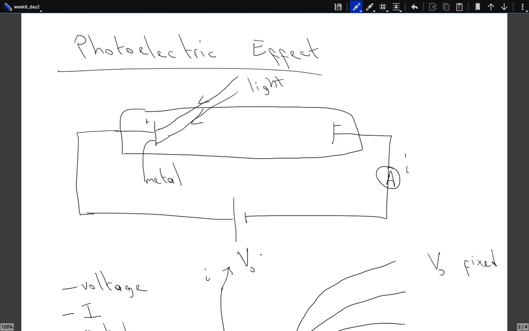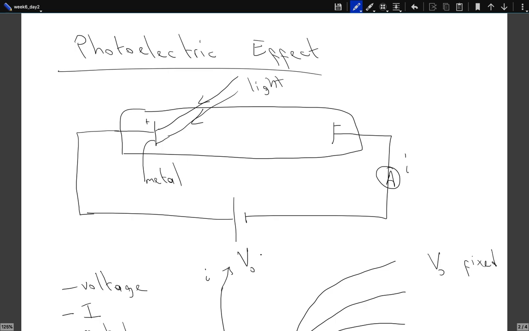Well, you increase V0. When the light falls on the metal, it will liberate the electrons. They will have a distribution of kinetic energies. The slower electrons will be stopped by a small potential. The faster electrons will need a larger potential to be stopped. So as you increase V0, the current will get smaller and smaller, and eventually for a given value of V0, it will be enough to stop even the fastest electron.